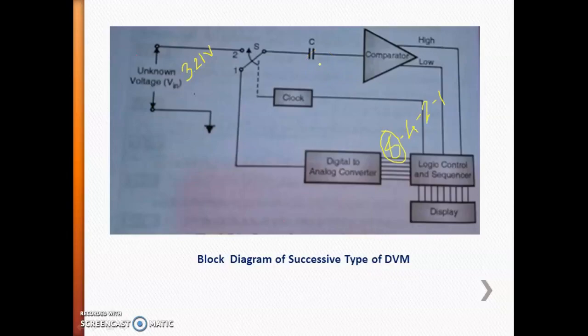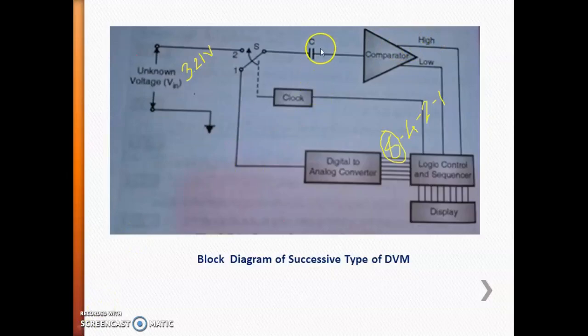So these are the two conditions. In the first condition, when the input voltage is more than the voltage across the capacitor, the comparator generates a low signal. And when the input voltage is less than the voltage across the capacitor, the comparator generates a high signal.